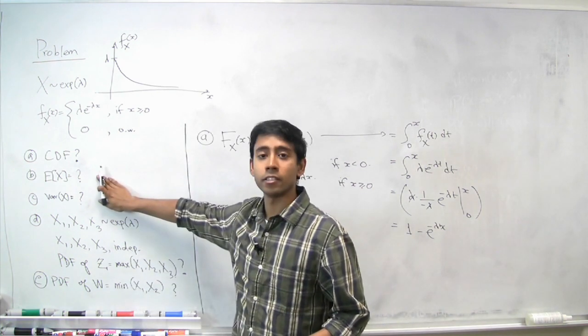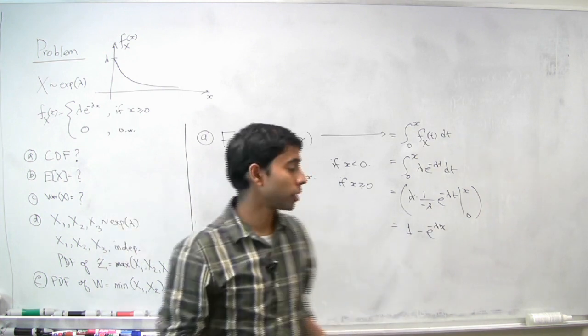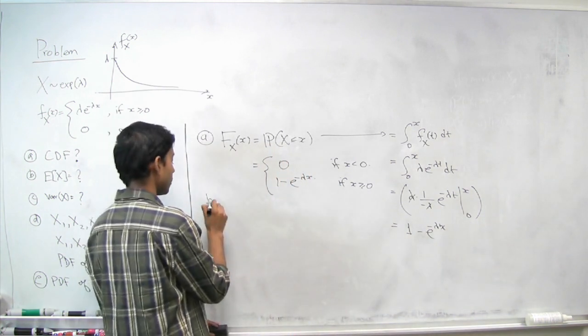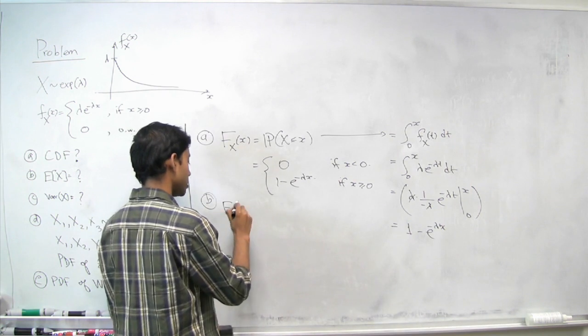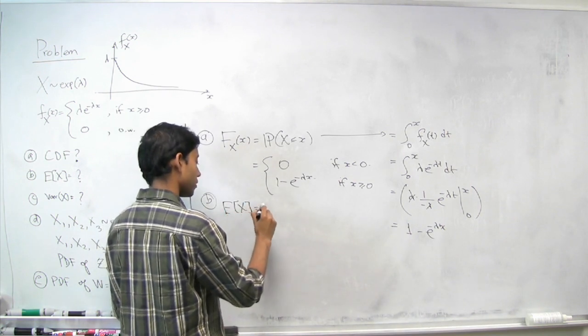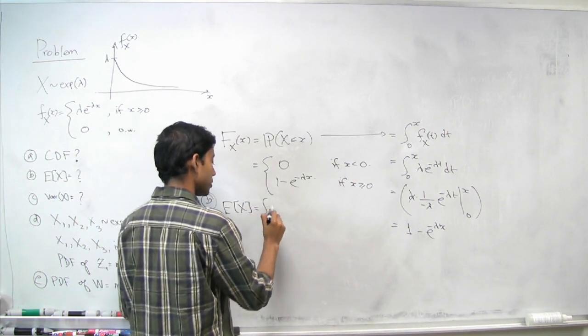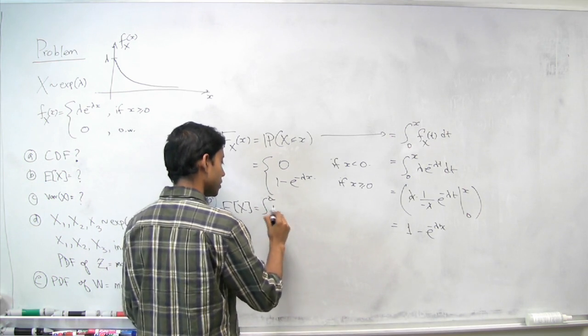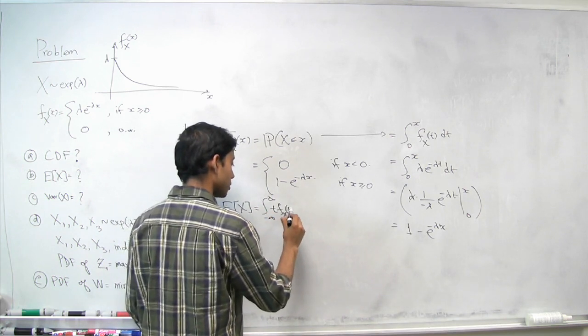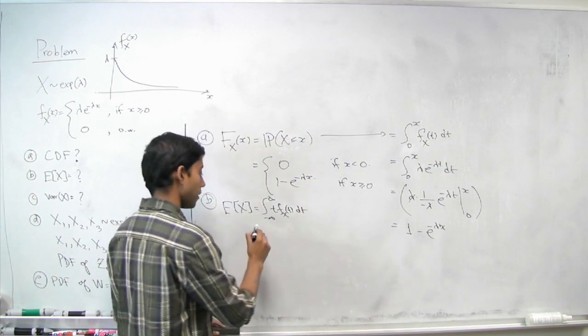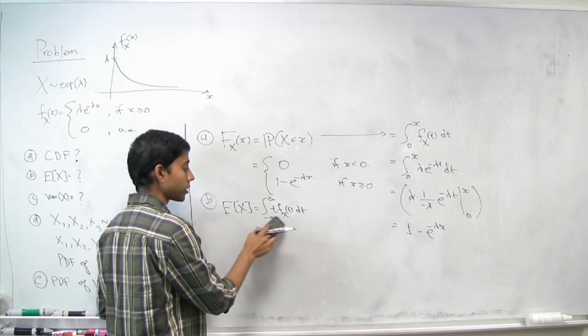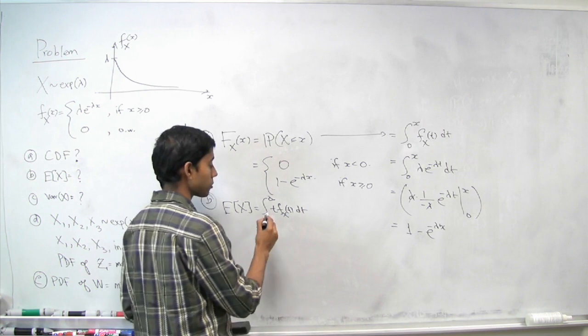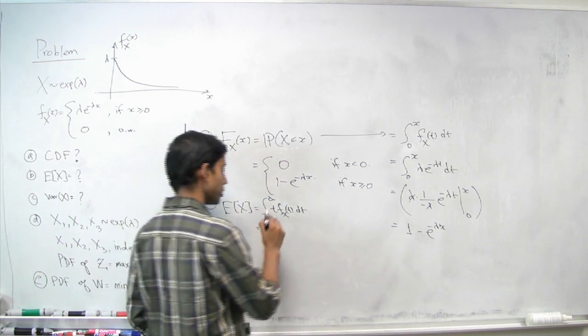Now for the expectation. We use the standard formula, the integral from minus infinity to infinity of t times f_X(t) dt. Again, f_X(t) is going to be 0 for a negative value, so we do the integral from 0.